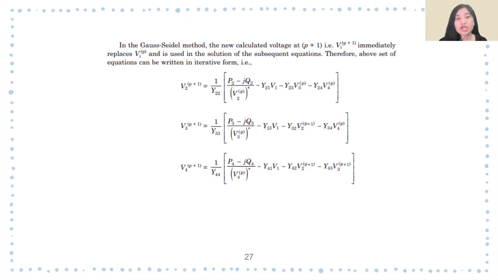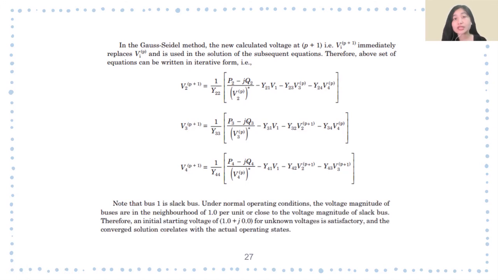Nilagyan lang natin ng P plus 1, gagawin natin V sub i raised to p plus 1, and our V sub i on the right side of the equation would be V sub i raised to p. So makita natin lahat ng nandito is raised to p plus 1 and lahat ng nandito na V is raised to our letter p. Okay? So that is applied to V sub 2, V sub 3, and V sub 4.